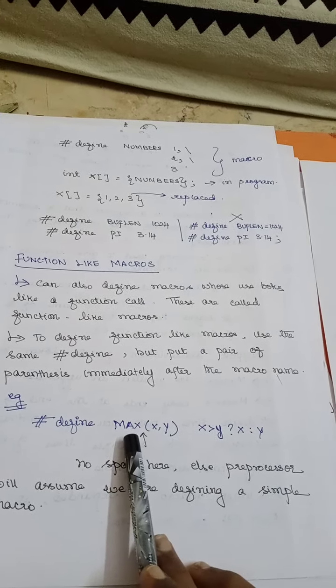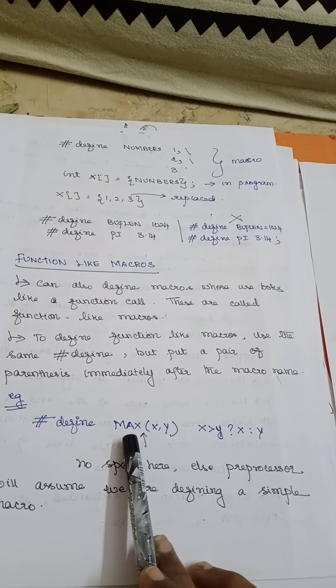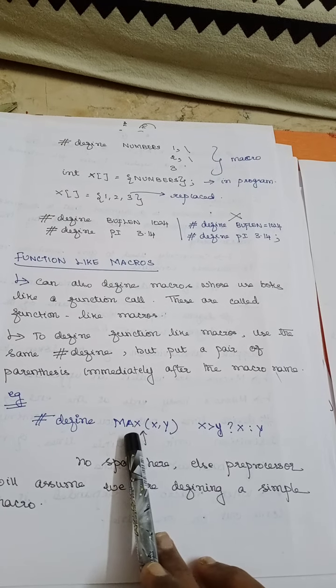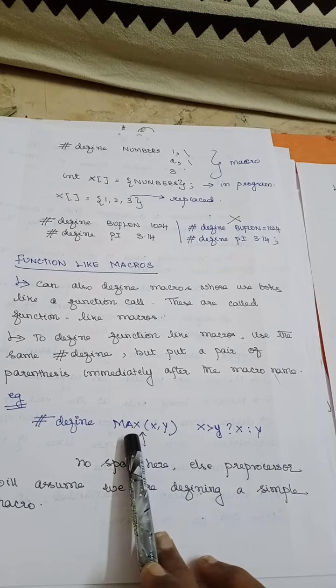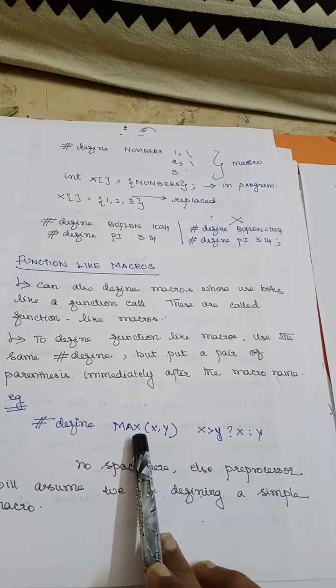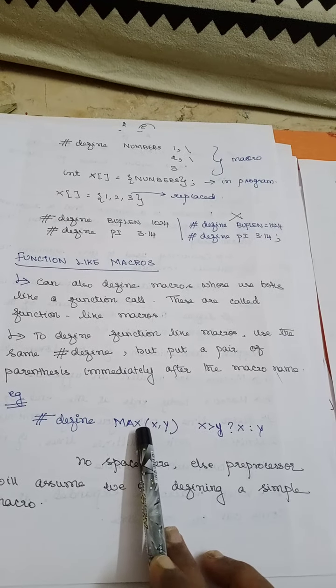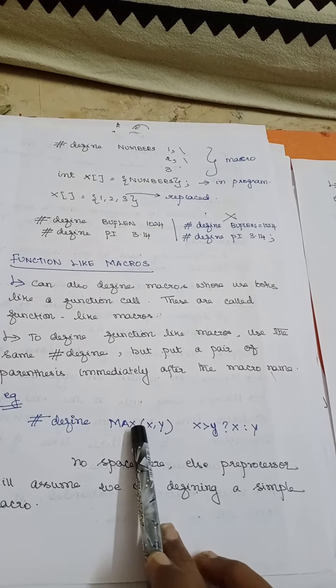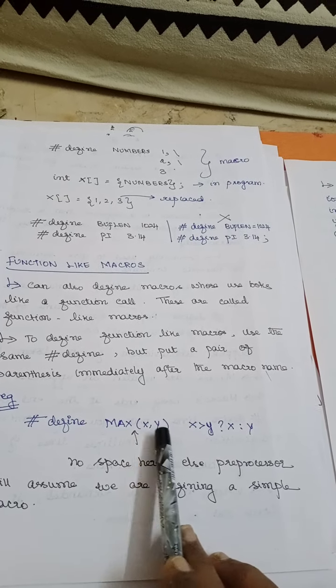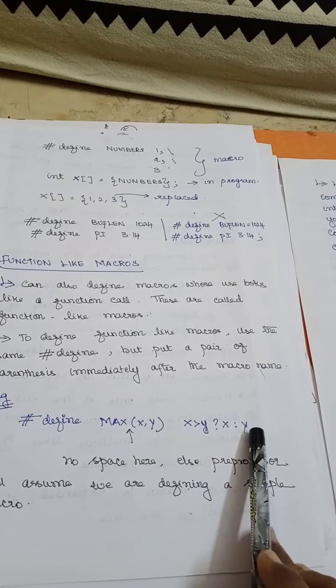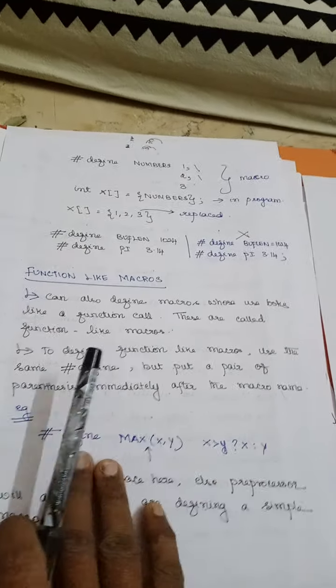Right? So if you want to have a macro with arguments, or your macro should act like a function, then you should not leave a space in between. So max, immediately you should have an open parenthesis x comma y. So here I can have a statement, right?